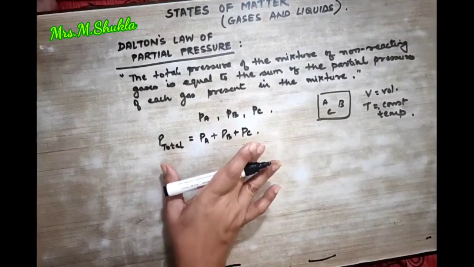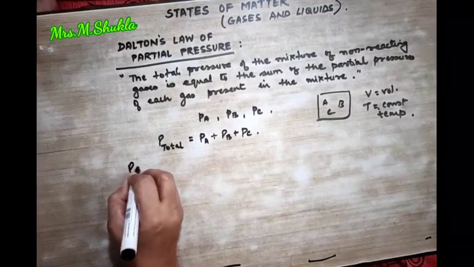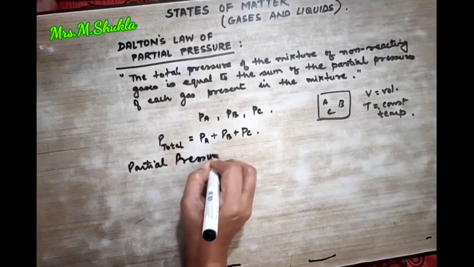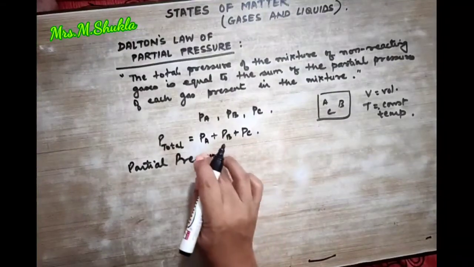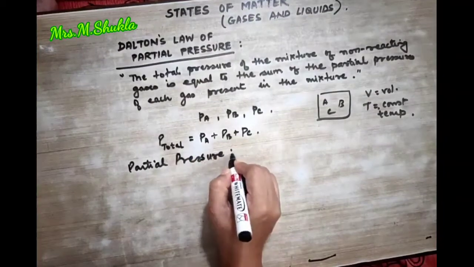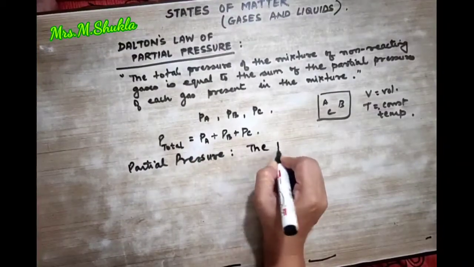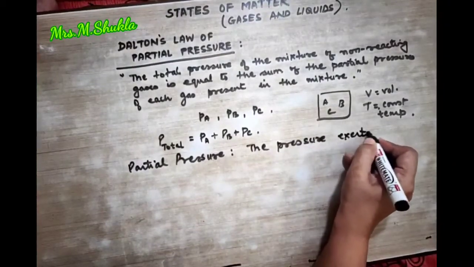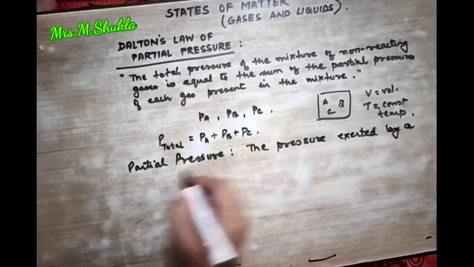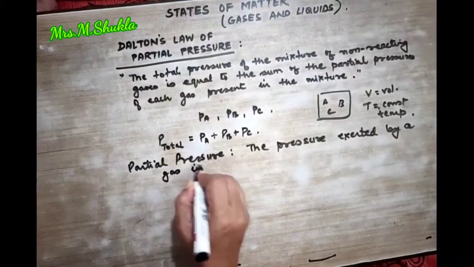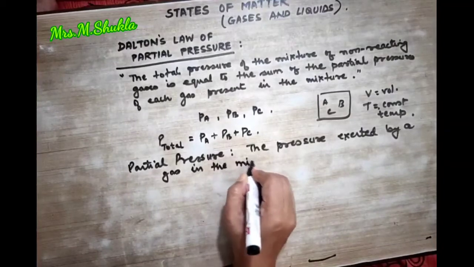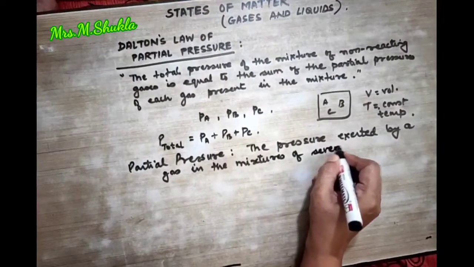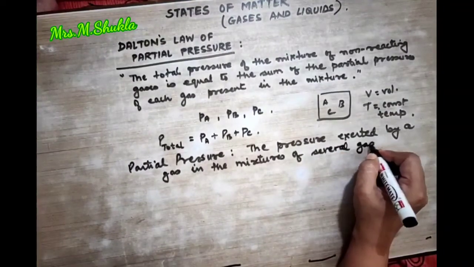How can we define partial pressure first and foremost? Partial pressure can be explained as the pressure exerted by a gas in a mixture of several gases.